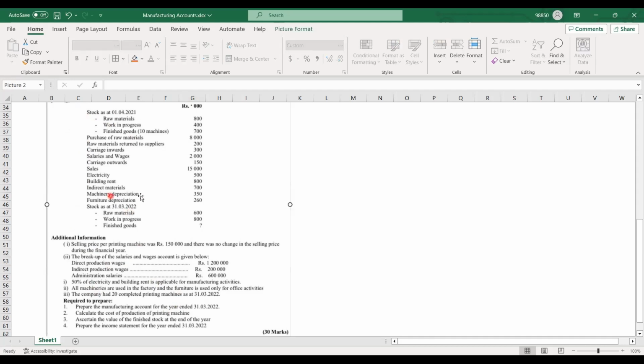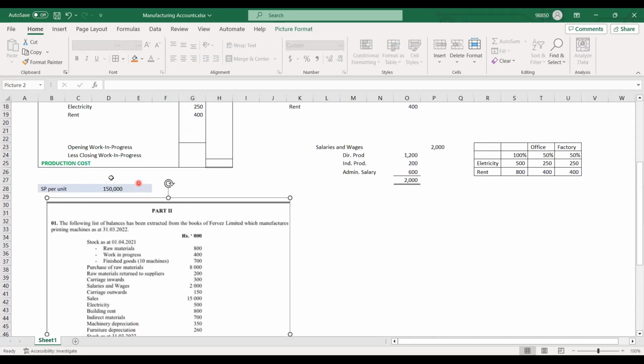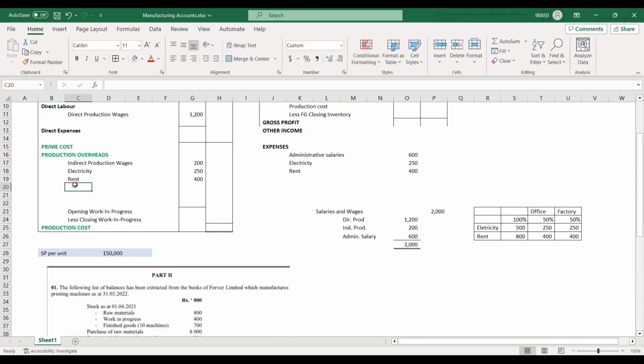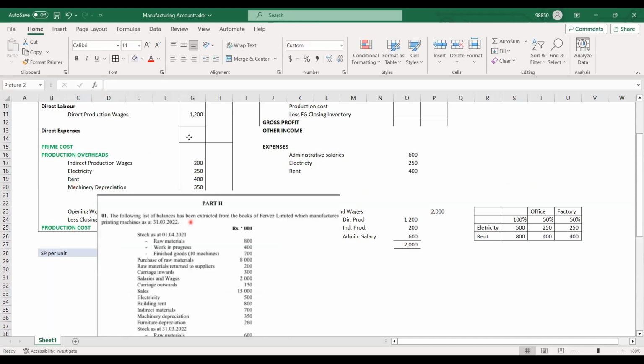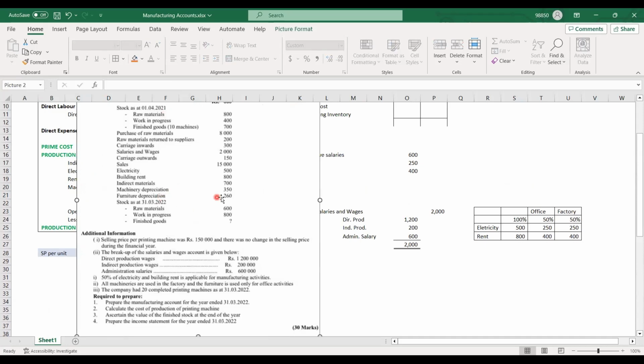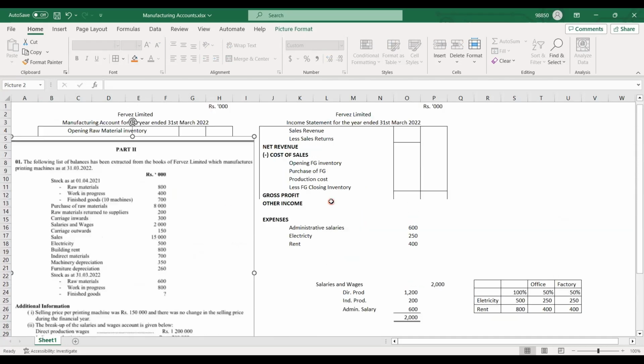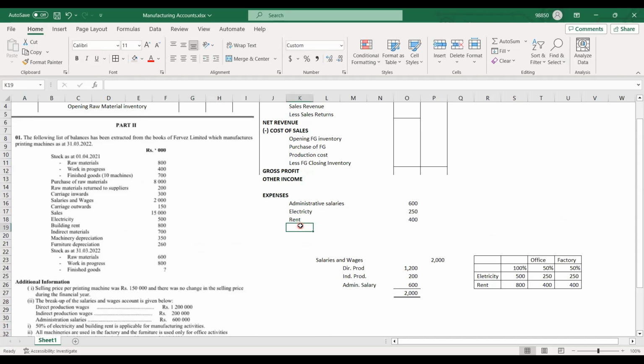So then machinery depreciation is 350, that is production overhead, 350. And at the same time, you also have furniture depreciation, 260. So furniture depreciation is just another expense, but under the income statement, right?